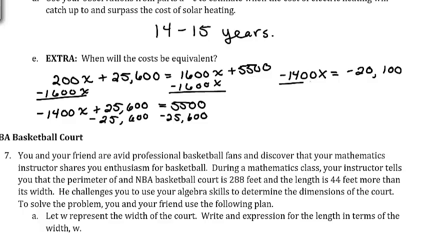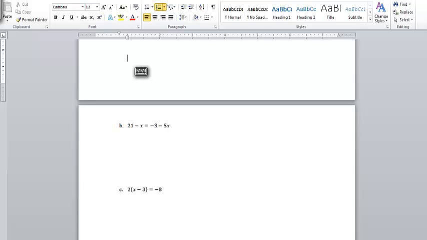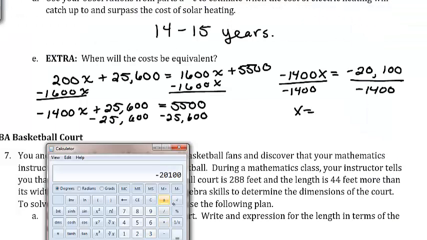And the last step then is to divide both sides by the negative 1400. Whoops, wrong thing. And so we want to divide that by negative 1400.